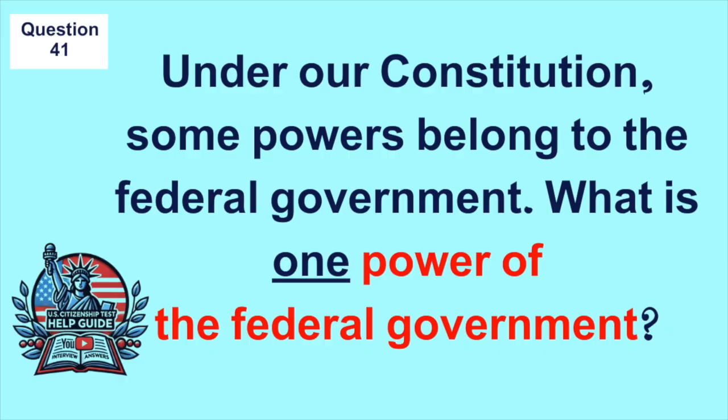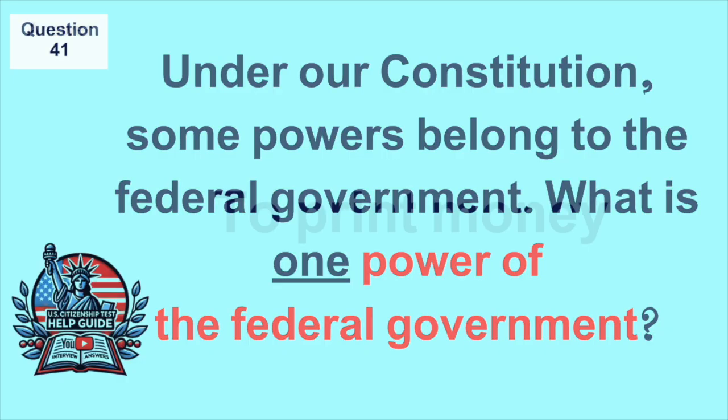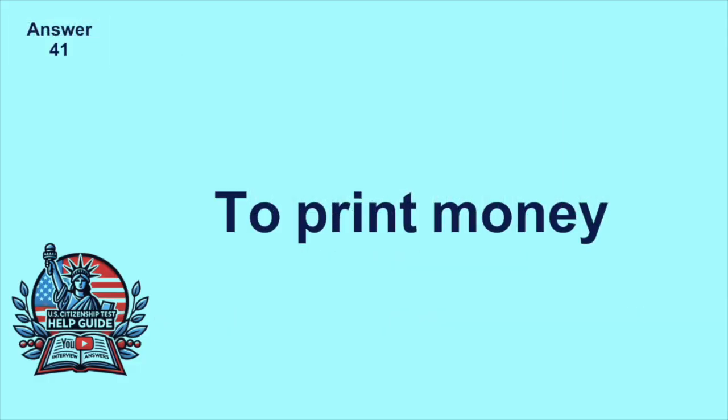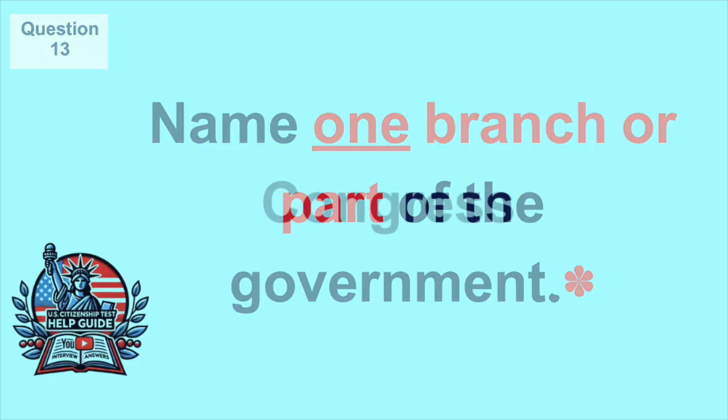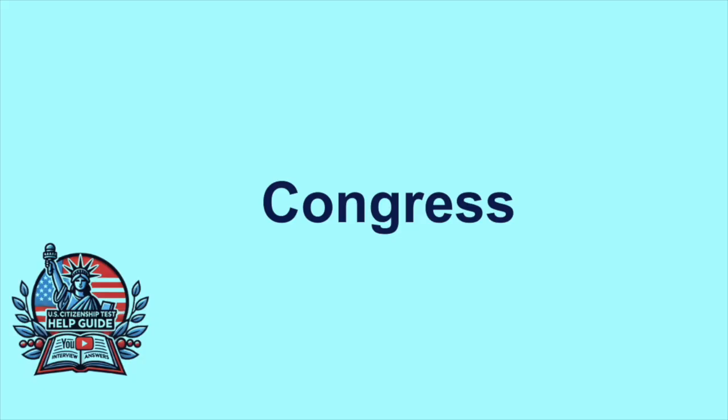Under our Constitution, some powers belong to the federal government. What is one power of the federal government? To print money. Name one branch or part of the government. Congress.